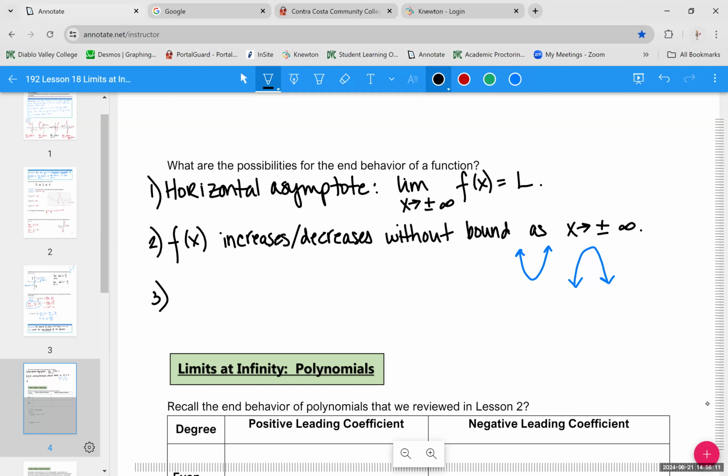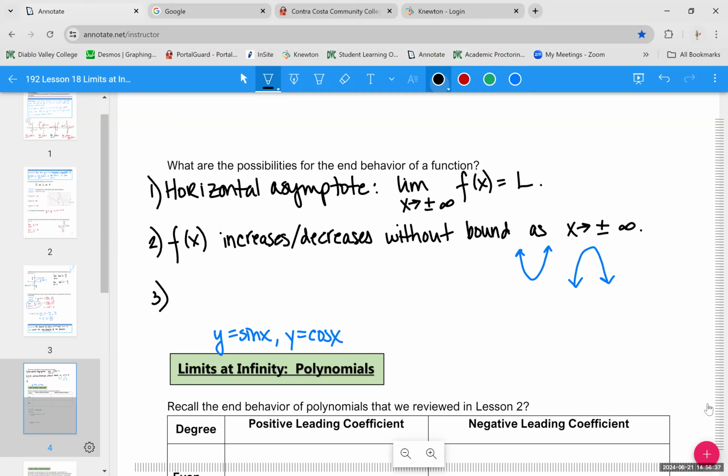And then there is a third option. I don't necessarily have to have a horizontal asymptote, but I don't have to go on up and down forever. So think about something like y equals sine x or y equals cosine x. What's happening there? There are these waves, and it's not going to infinity, but it's also not ever approaching a real number.